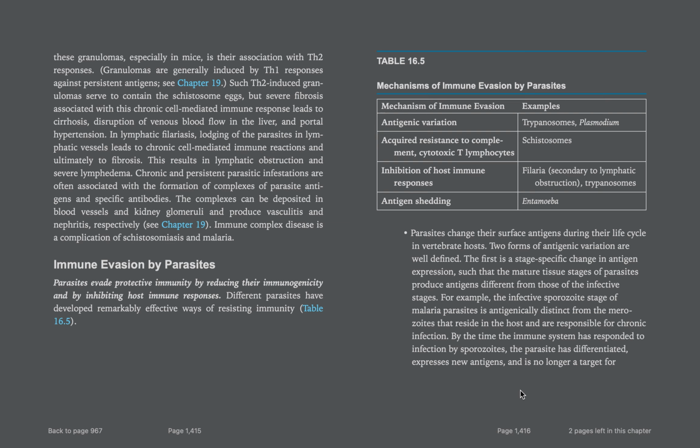So, mechanisms of immune evasion by parasites: we have antigenic variation in Trypanosoma and Plasmodium; acquired resistance to complement and cytotoxic T lymphocytes in Schistosoma; inhibition of host immune response in filariasis, secondary to lymphatic obstruction, and in trypanosomes; then antigen shedding, which is seen in Entamoeba.